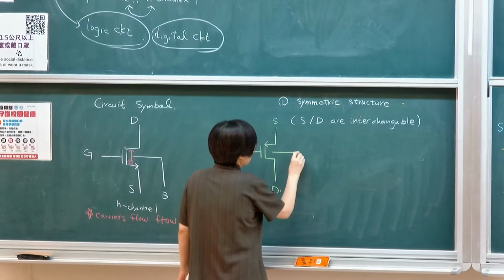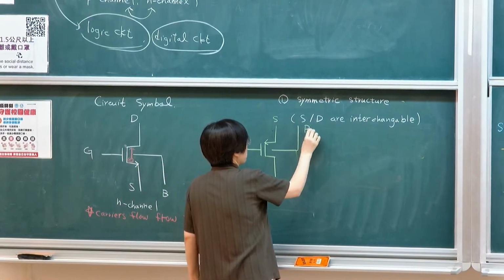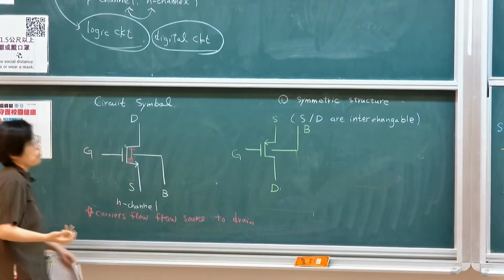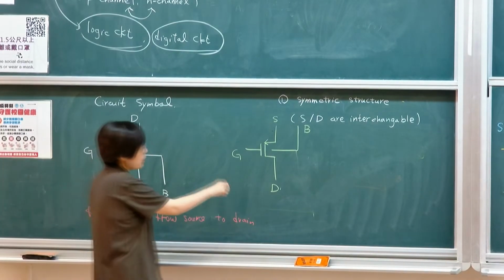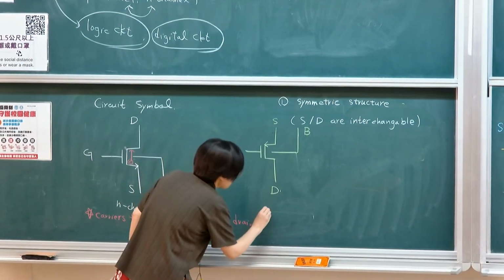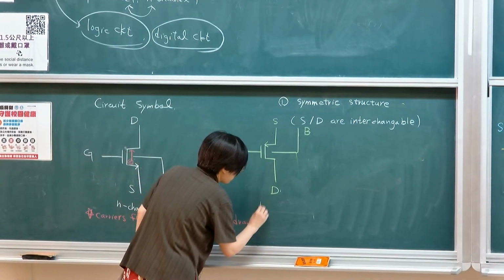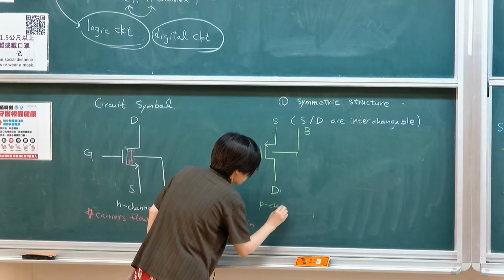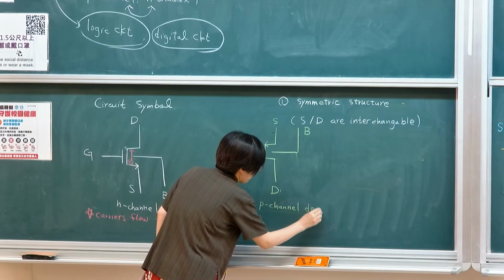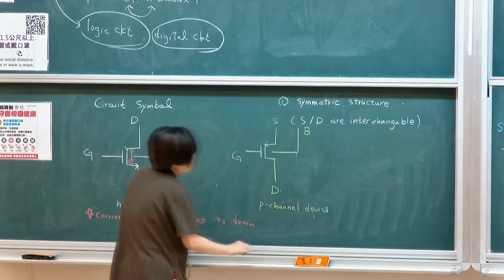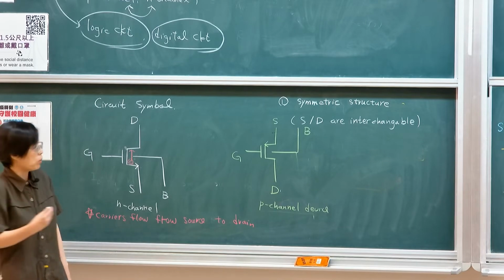Let me do it to the top. I will explain why, because for most of the body connections, there's a certain setting for body connection. So this is more for the P channel device. This is the P channel. We know that because it's P channel, the carriers are holes.